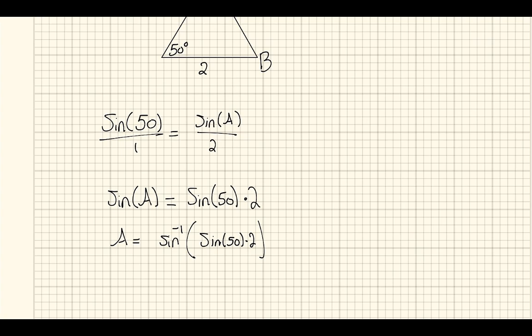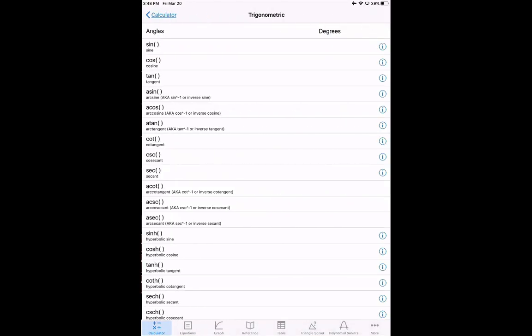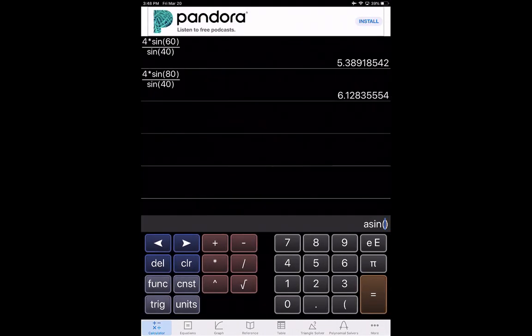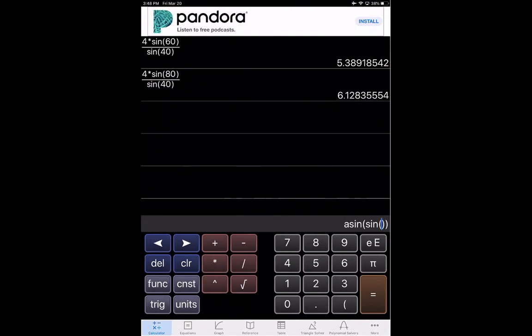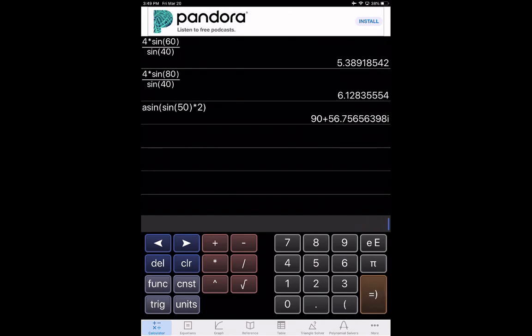So let's see what happens when we put that in. Inverse sine of the sine of 50 times 2. Hit enter.